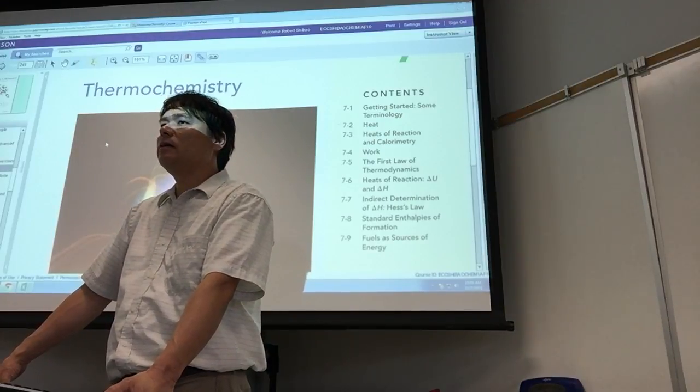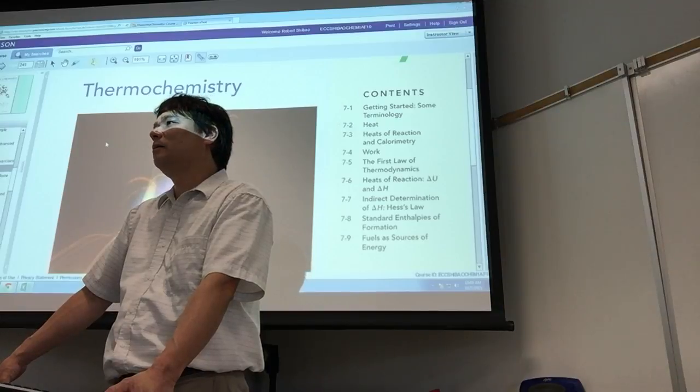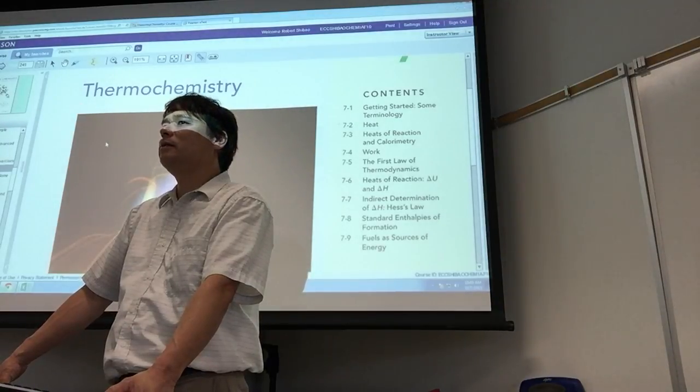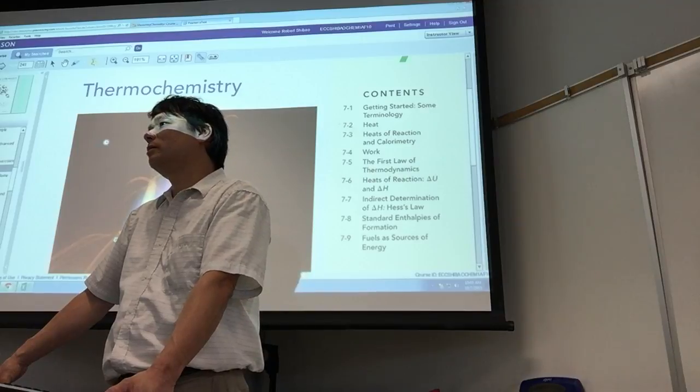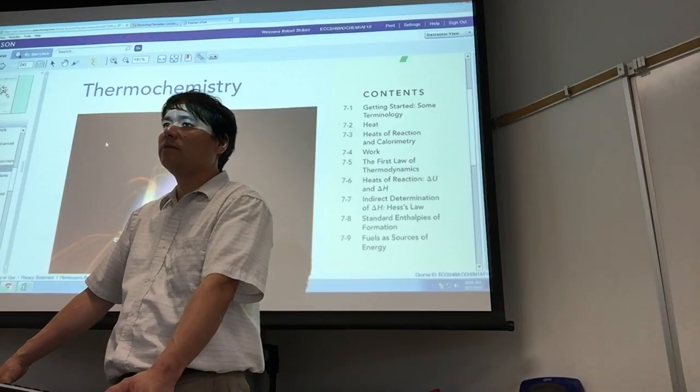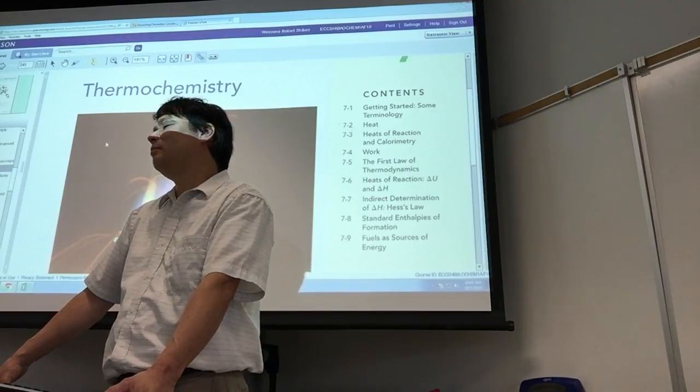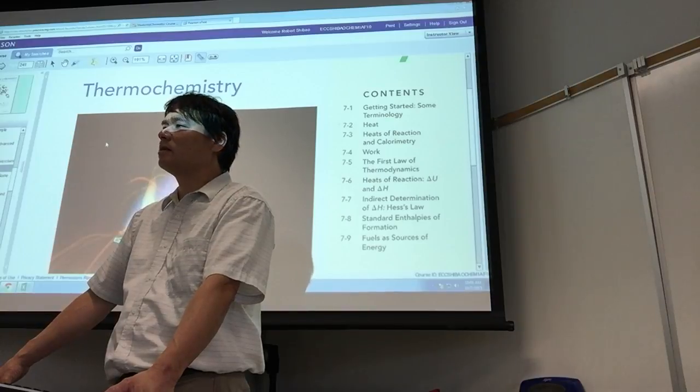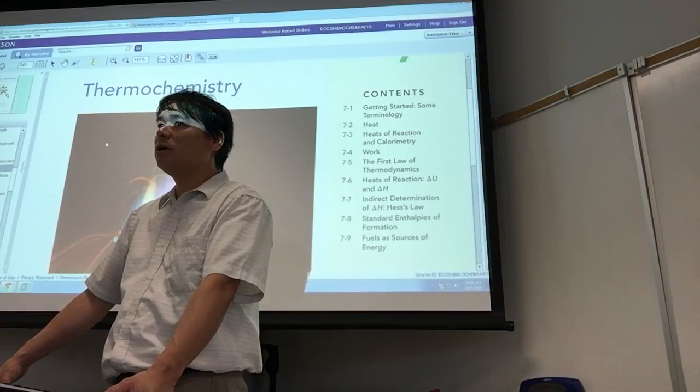What makes it tough is people don't memorize the jargon or the vocabulary. And they don't memorize the restrictions on the equations. And there are lots of restrictions, like heat at constant pressure, heat at constant volume. Well, a lot of people don't want to bother with the constant pressure, constant volume stuff, and then use the wrong equation in the wrong place.